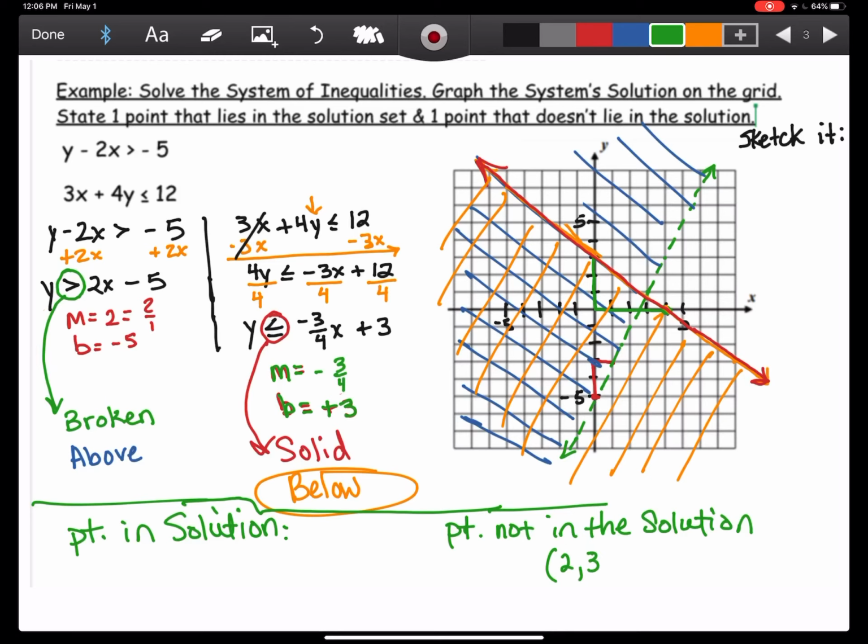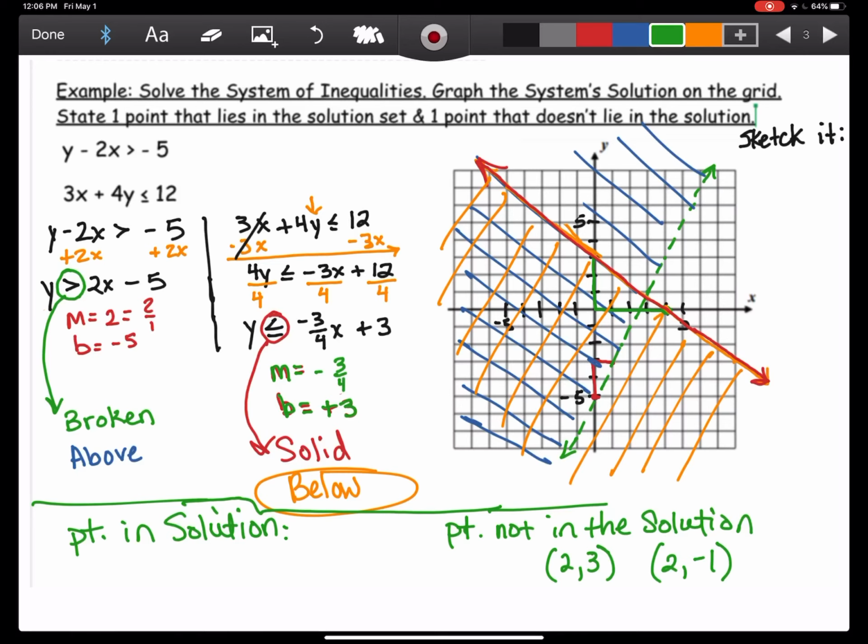That's one of them, okay? Another one I could say would be 2, -1. That's not in the solution, because it's on the broken line, so that's not in there. Give me one more, okay?